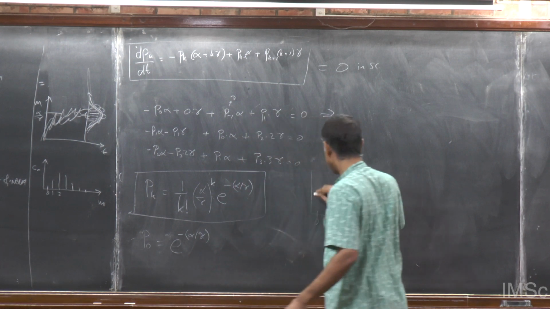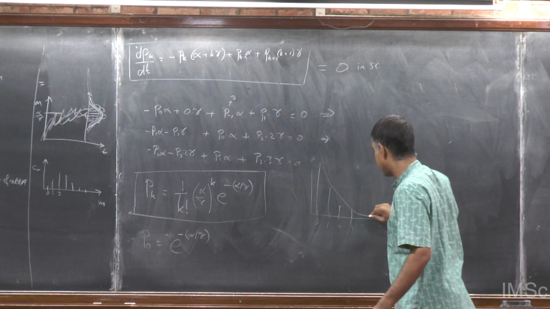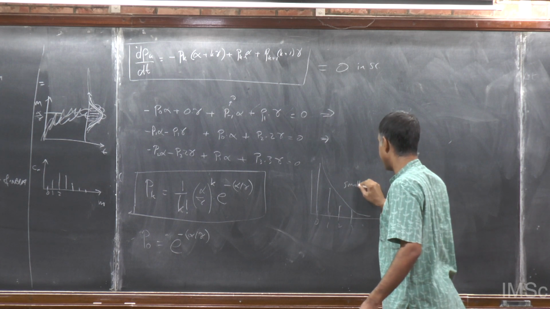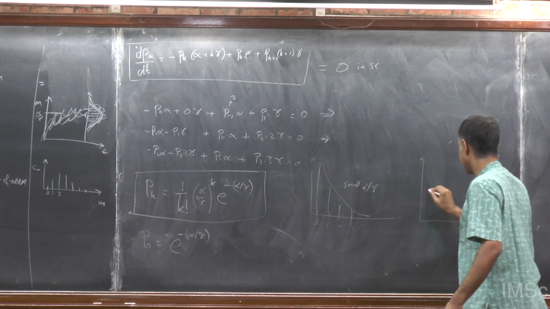So if alpha over gamma is very small, this is what this curve typically looks like. If alpha over gamma is big, this is what the curve looks like.